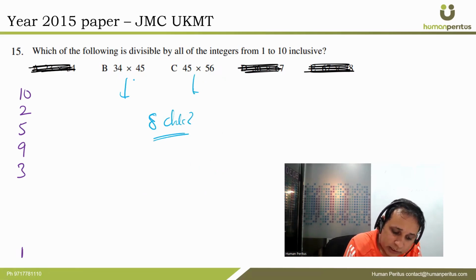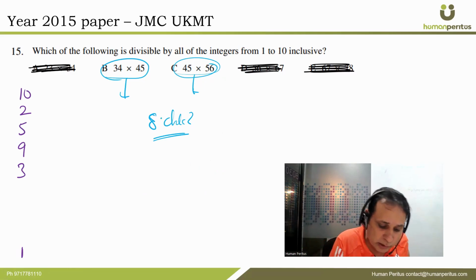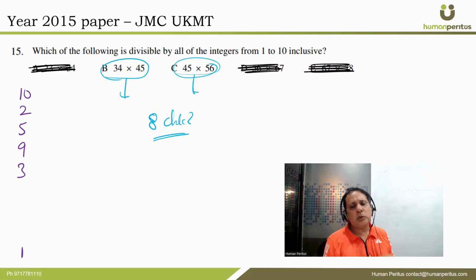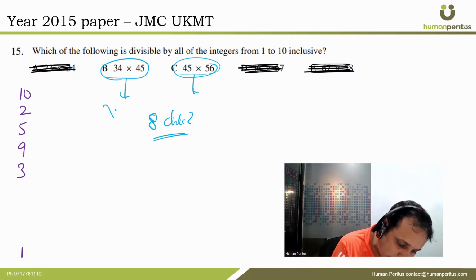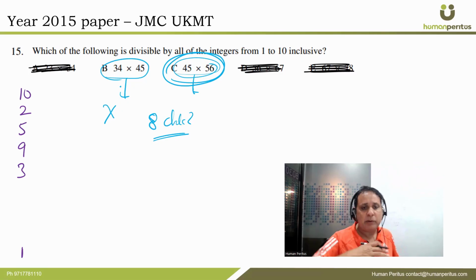There is another way of checking through factorization, but because we haven't done factorization today, I will not tell you that method in this class. Once you check for 8, you will see that B is not divisible by 8, but C is, and C will be my answer because I have eliminated all other options.